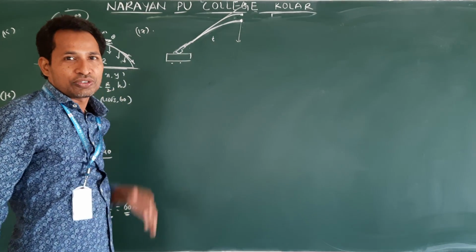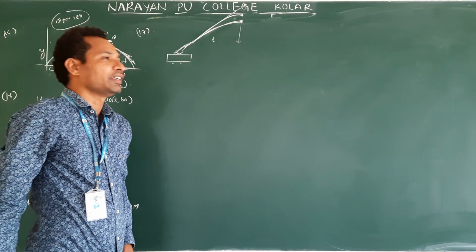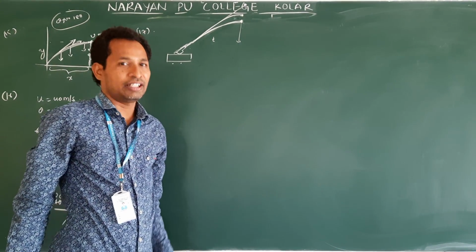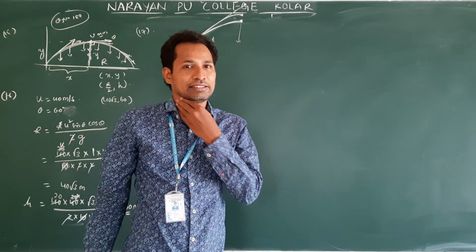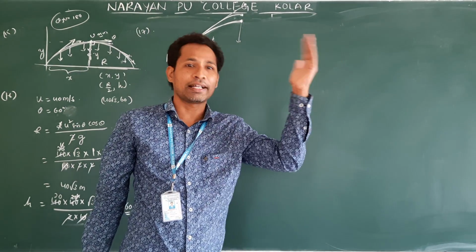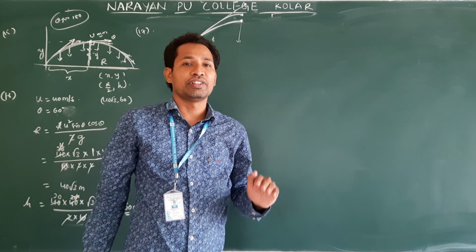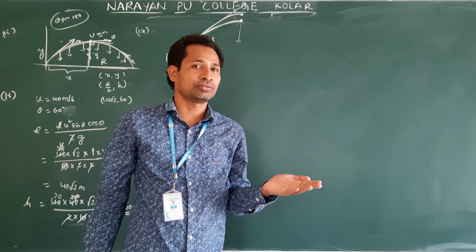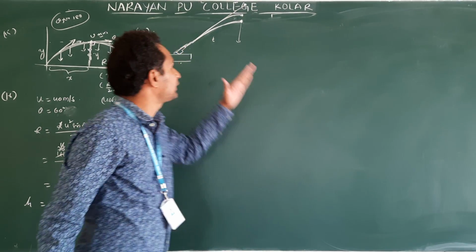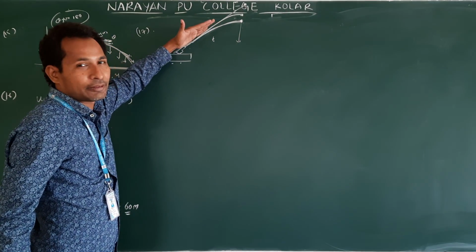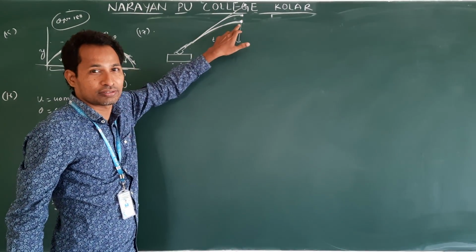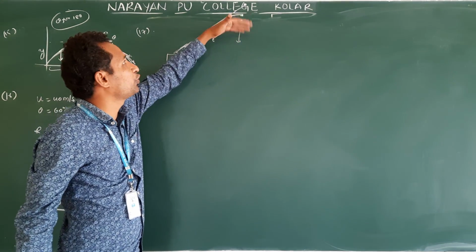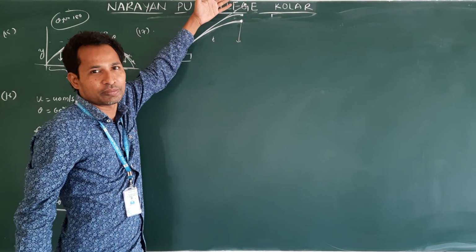A boy wants to hit a monkey sitting on a branch. The boy throws a stone at the monkey. To avoid that, the monkey has to jump up or down. This is the same case. Clear? If the monkey comes down, there is a chance to get hit. If it goes up, then no problem.